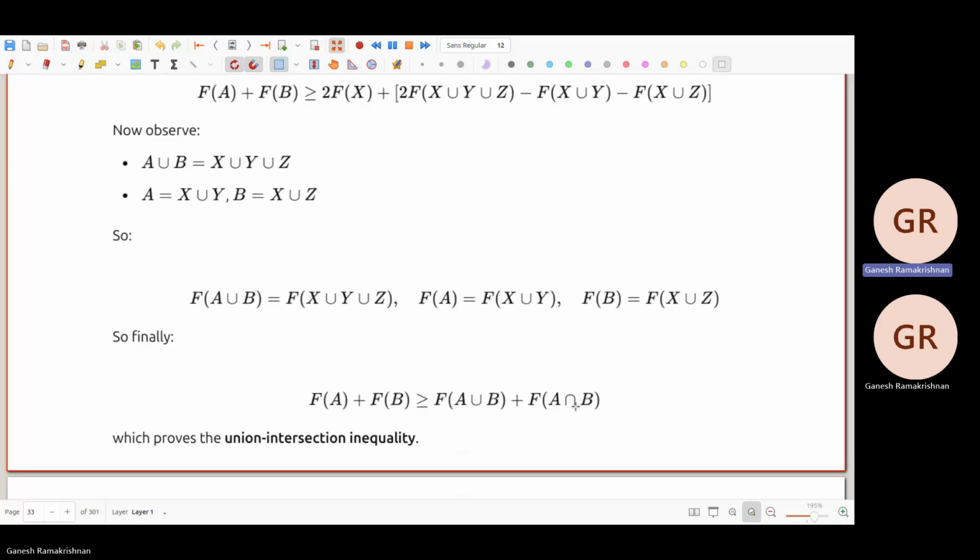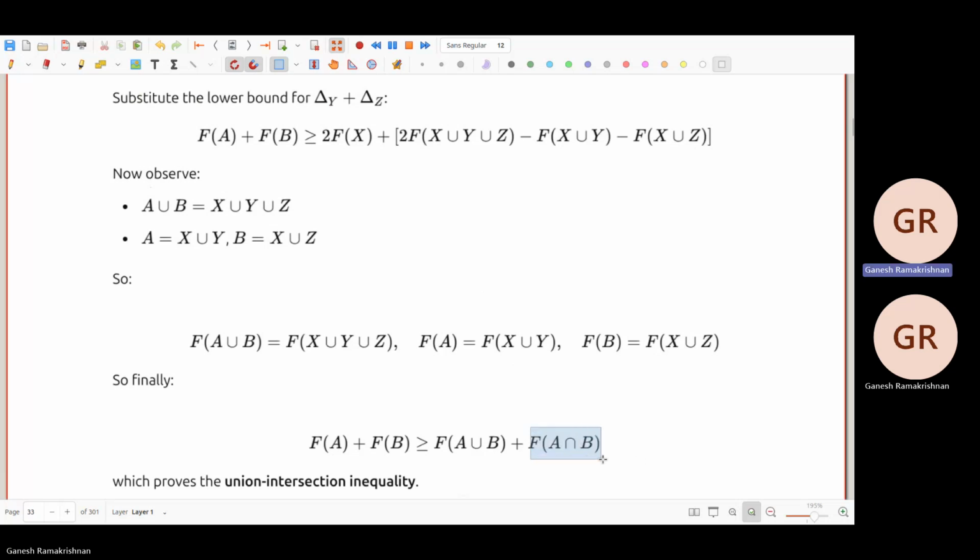As you keep eliminating elements from y and z on the respective terms, the only term that will remain is f of x. So f of x will be shifted to the right-hand side. f of A intersection B is f of x. This is what we already found, f of A union B, x union y union z.